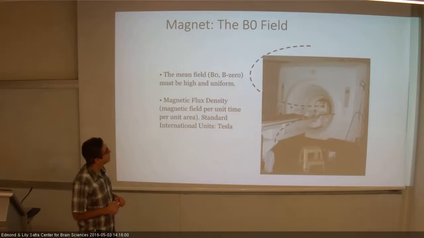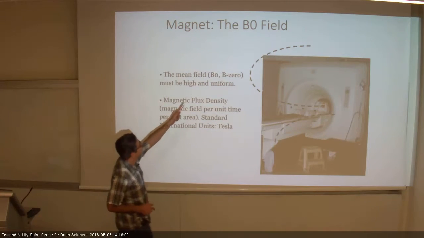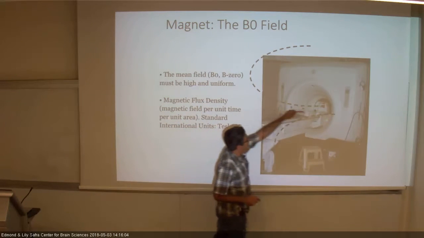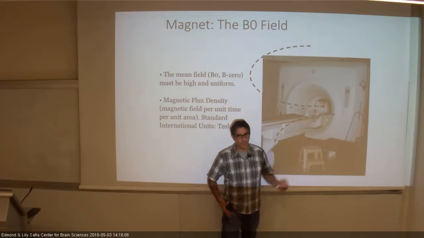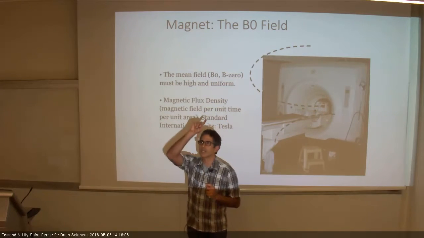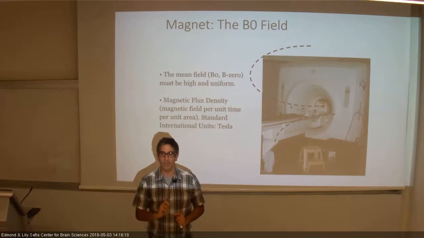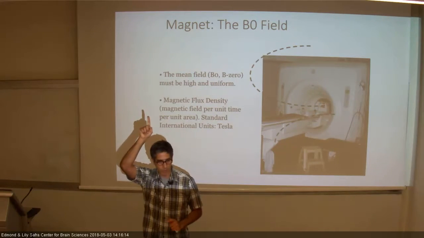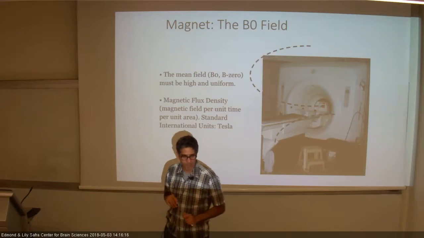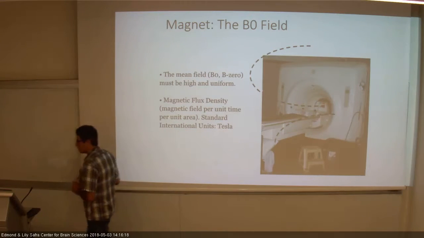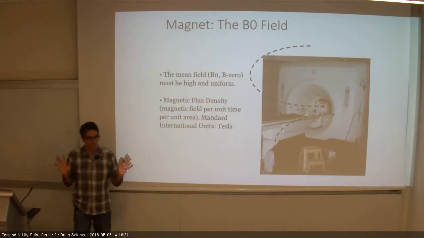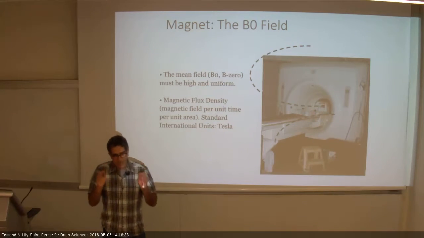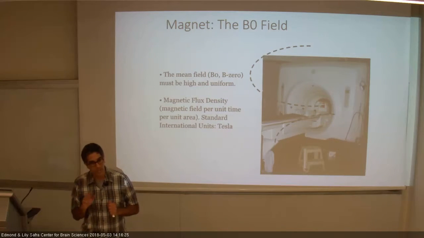We might call it B0, that just goes inside the magnet. So when the subject lies inside or the head is inside, the main line of the magnetic field just goes through him, through the brain, and pointing out. Okay? And it's important to know that it's a constant magnetic field. It's always there.